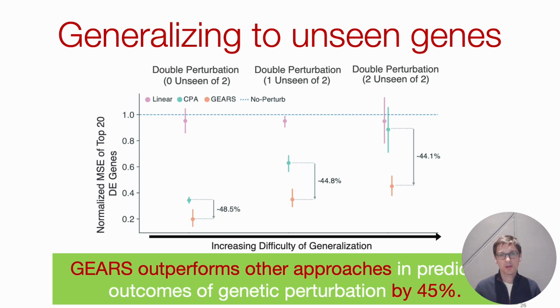But on the left, the model has never seen a perturbation of that particular gene, but it can still predict it relatively well. On the right, we see the result of the experiment where the model has seen the first gene perturbed individually, the second gene perturbed individually, but never seen the combination perturbed, and it can still predict the outcome of the combinatorial perturbation quite accurately.